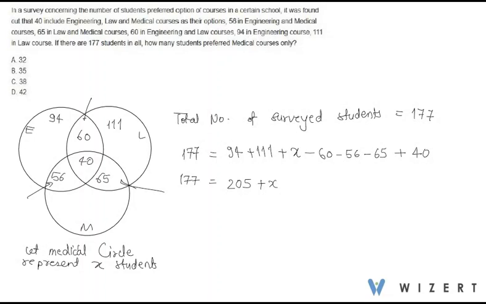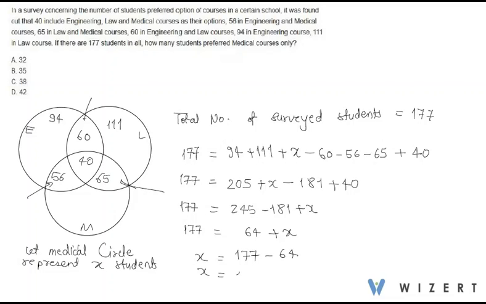Minus 170 plus minus 11 is minus 181 plus 40. So that will be 177 equal to 245 minus 181 plus X. So that is equal to 64 plus X. So we get X equal to 177 minus 64, which is equal to 113. So we get number of people represented by entire medical circle as 113.